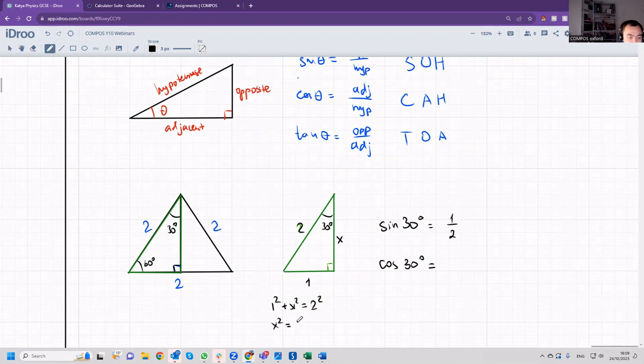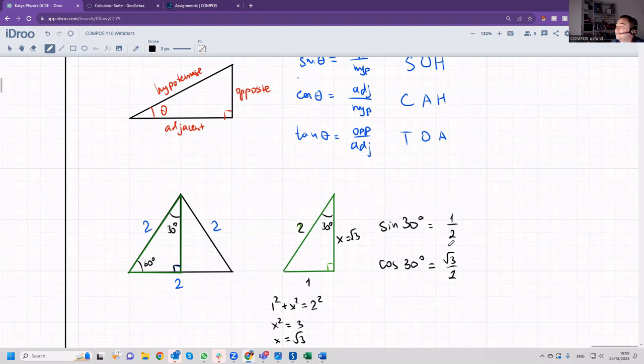So x squared equals 3. x equals square root of 3. So this is square root of 3. So cos 30 is square root of 3 over 2. So this is how you find sine and cosine of certain angles without a calculator.